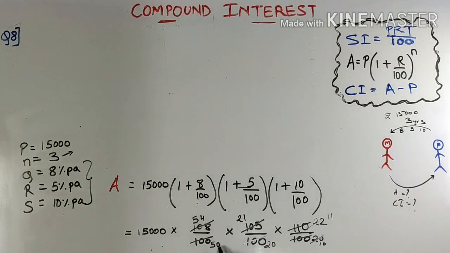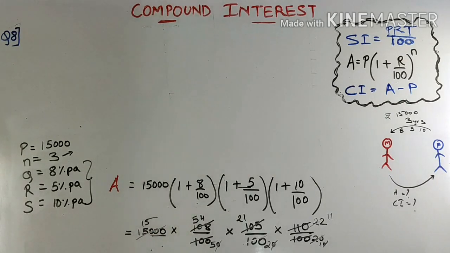Now when you see these three zeros that are multiples of 10, I can reduce these three zeros and this changes into 15. All these zeros vanish away. That is, the tens of these 50, 20 and 10 I have divided by the tens of this 15,000.